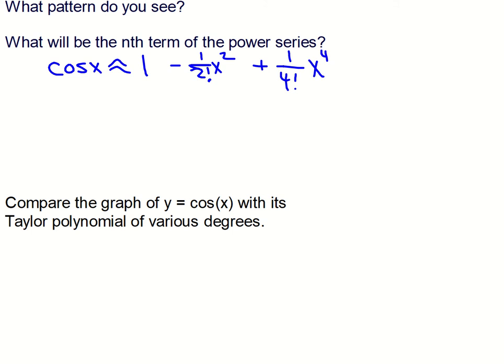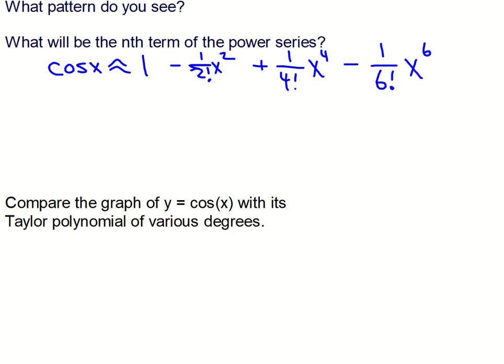If you wanted to take a guess at the next term, maybe you are guessing that the next term would be minus 1/6 factorial times x to the 6th power.